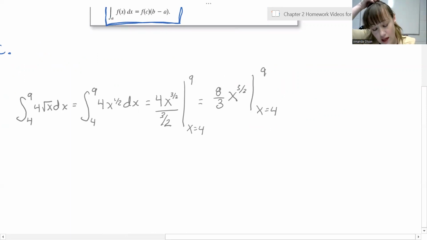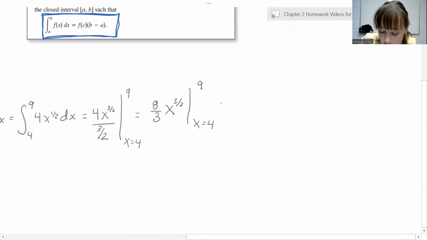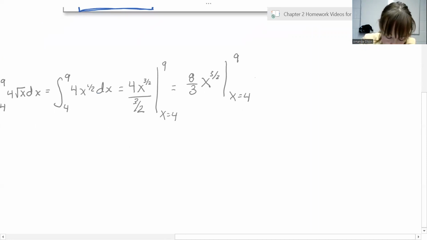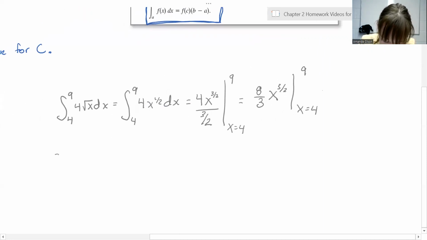The nice thing is that 4 and 9 are perfect squares, so we're going to deal with some nice round numbers. I'm going to continue writing down below. So 9 to the 3/2 power: 9 to the 1/2 power is 3, cube that, we get 27. So we have 8/3 times 27. And then we have 4 to the 3/2 power: 4 to the 1/2 power is 2, and then to the third is 8.